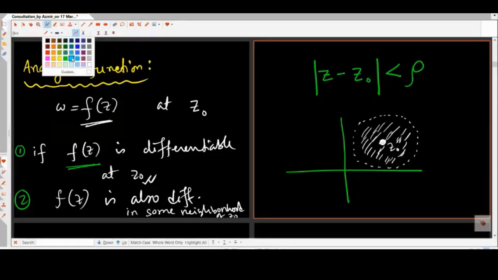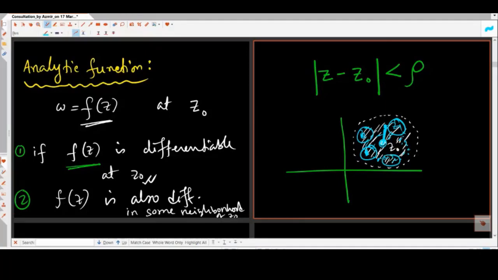Within this region there are many points, let's say z1, z2, z3, z4. We have an infinite number of points inside this circle. So z1, z2, z3, z4, all these are the neighborhood points of z0.